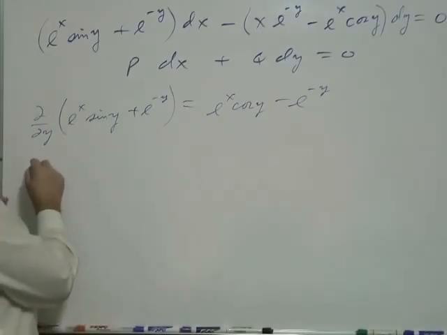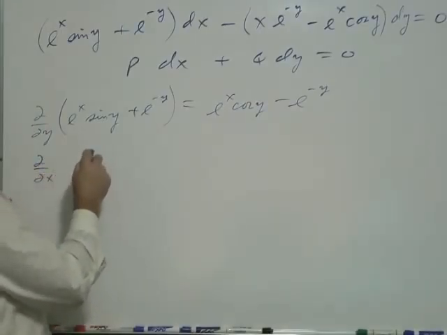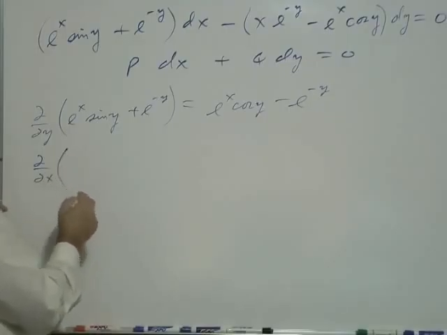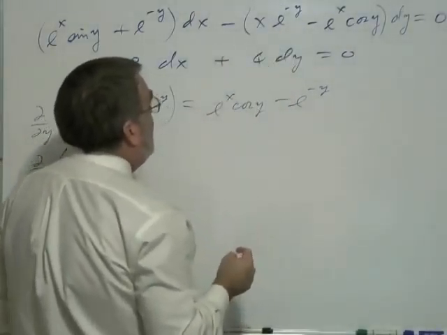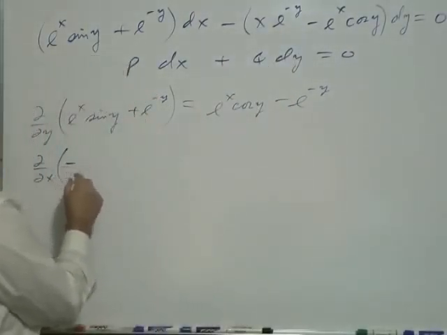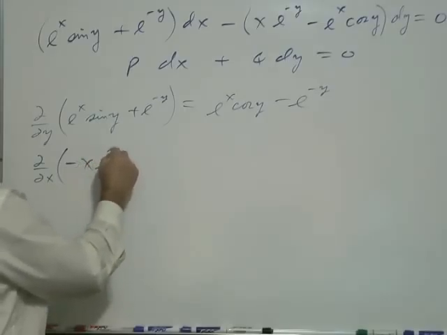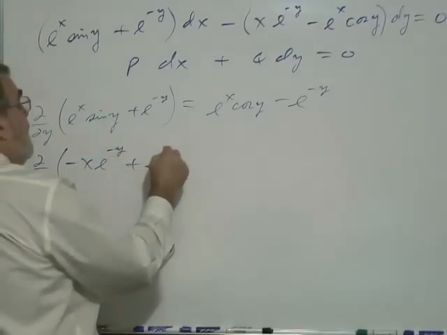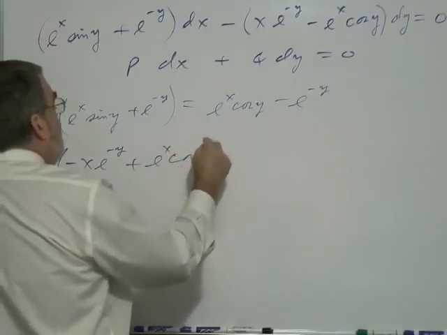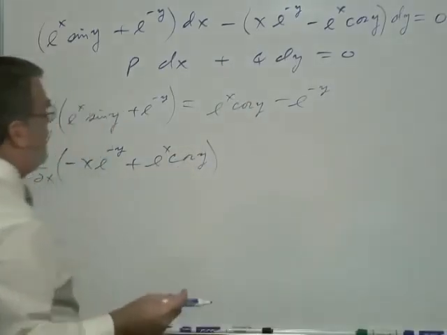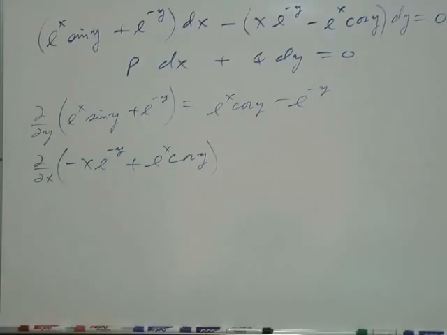Now we'll take the partial with respect to x of q, and for q we really need this negative sign here, so it's going to be negative x e to the minus y plus e to the x cosine y. I'm not sure why the book wrote it the way they did, but we can work around that.